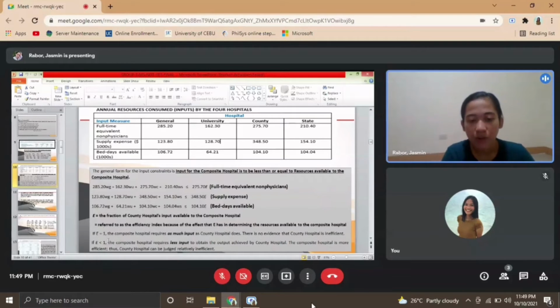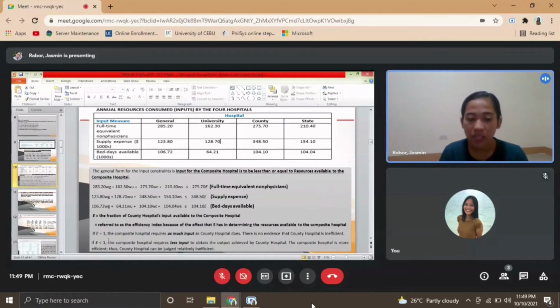It is also referred to as the efficiency index because of the effect that E has in determining the resources available to the composite hospital. If E is equal to 1, the composite hospital requires as much input as county hospital does.